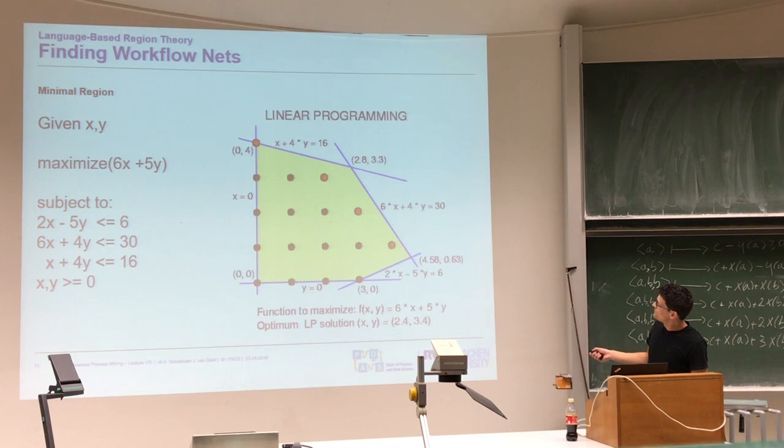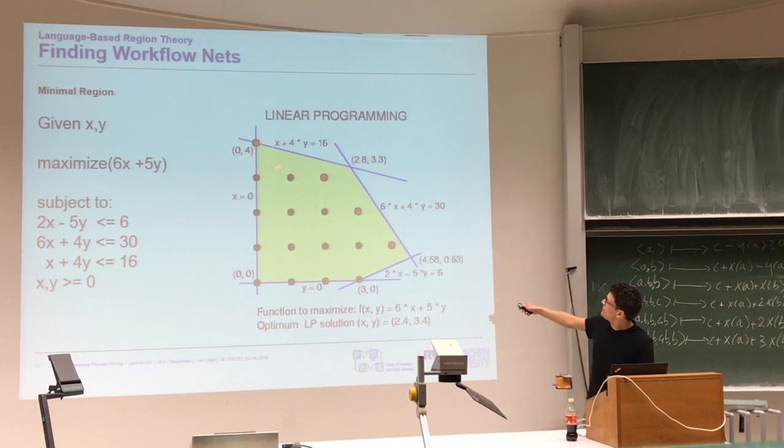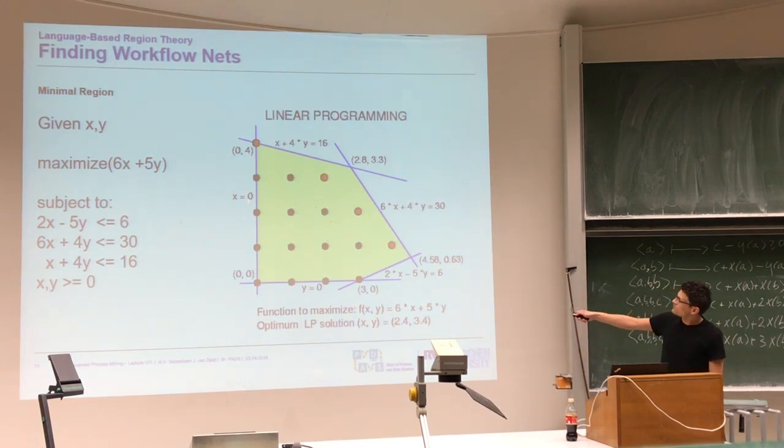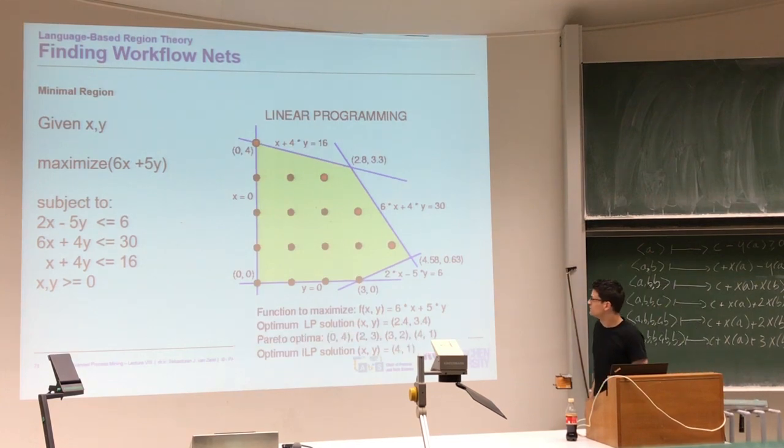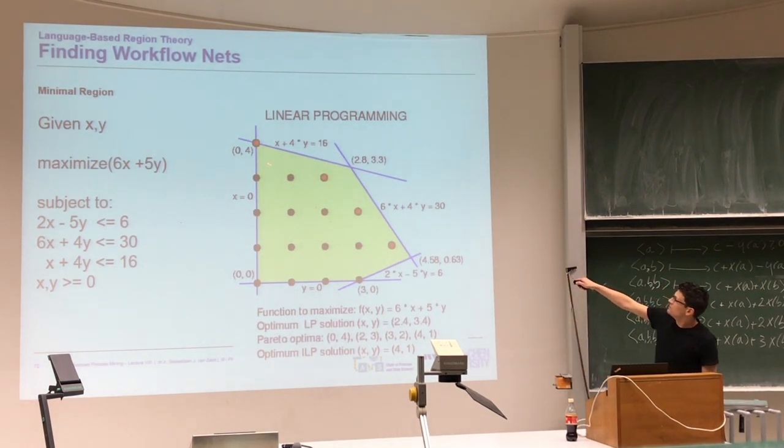All integer solutions here are depicted by black or red dots, representing integer solutions that fit this set of constraints. And one of these red ones is maximal. That's actually 4, 1.